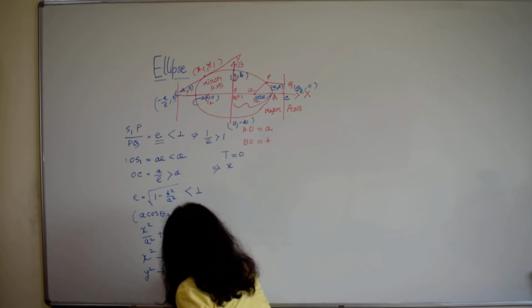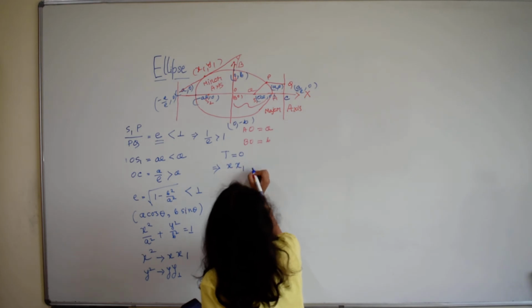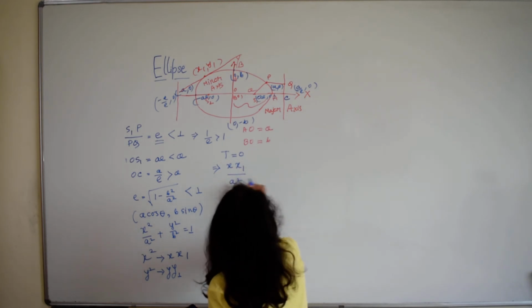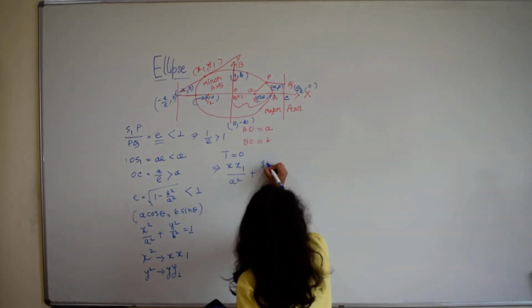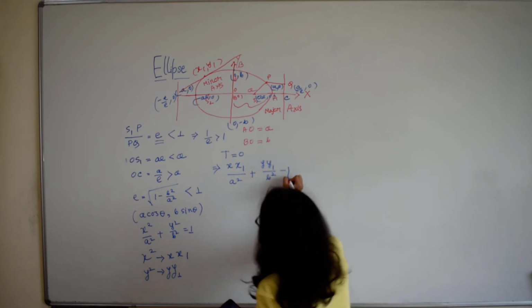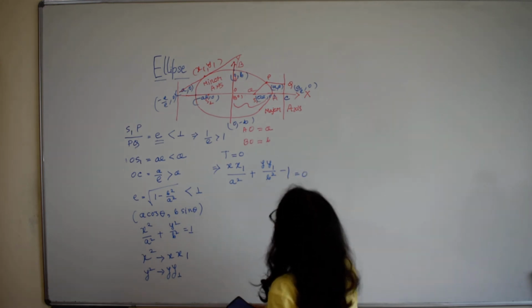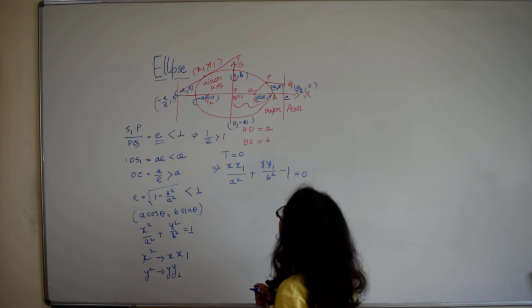Similar to the concept we have studied already in circle, x x1 by a square plus y y1 by b square minus 1 equals 0. So this is the point form of the tangent of an ellipse.